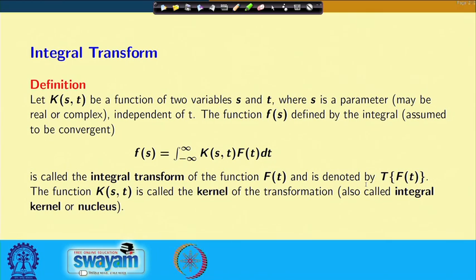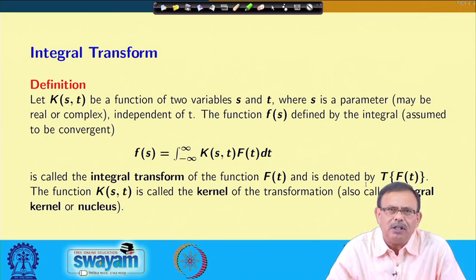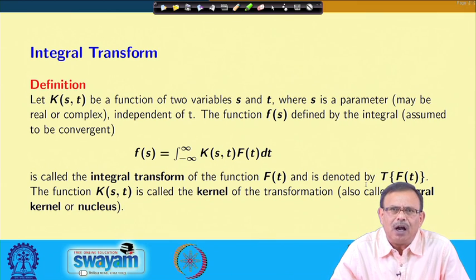The function K(s,t) is basically called the kernel of the transformation, and sometimes we also call it the integral kernel or nucleus. Effectively, if you change the value of K(s,t), then we can find various types of transforms like the Laplace transform and the Fourier transform.